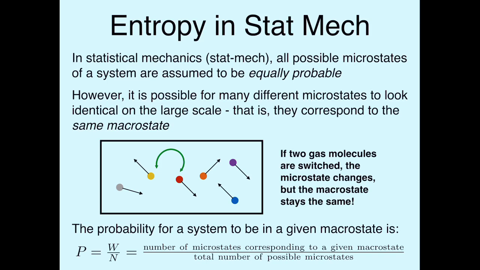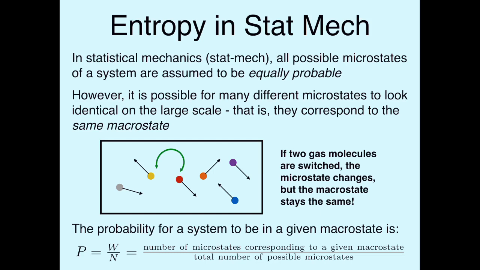Remember that in statistical mechanics, a microstate is a description of where every single particle in your system is and what its velocity is. So it's really detailed information about what every single particle is doing, right? So the assumption in stat-mech, one of the fundamental assumptions, is that all possible microstates are equally probable.